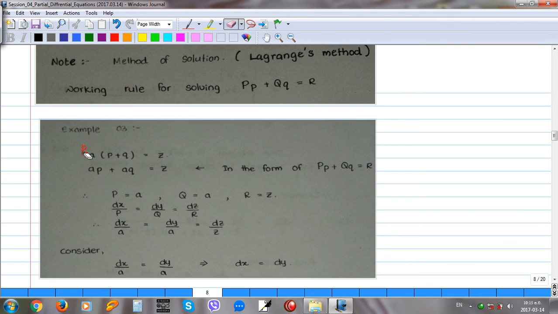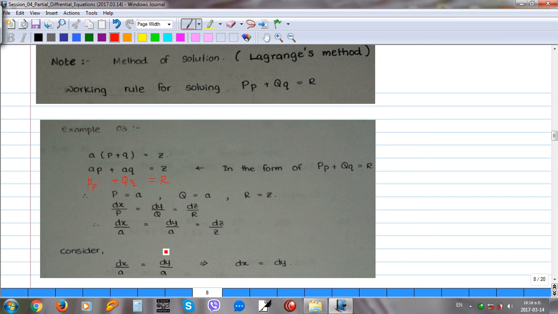First we simplify this, then we can take this way: P p plus Q q equals R, so P equals a, Q equals a, and R equals z.